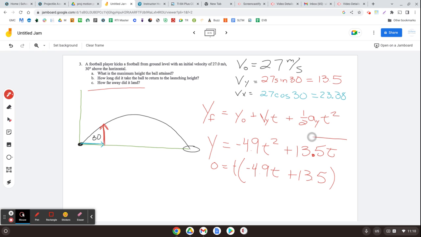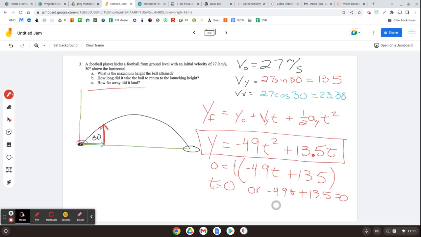Again, if you want to, just solve this in your calculator or graph it, figure out where it hits 0. There's a lot of different ways to do this, but here I'm going to show you how to do it by hand. So t is either 0, which makes sense because it's 0 right here, or negative 4.9 t plus 13.5 equals 0.